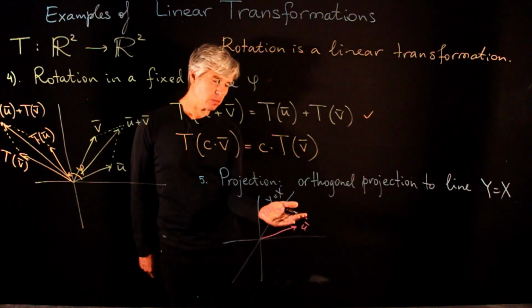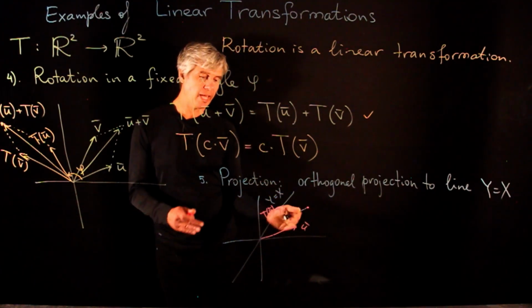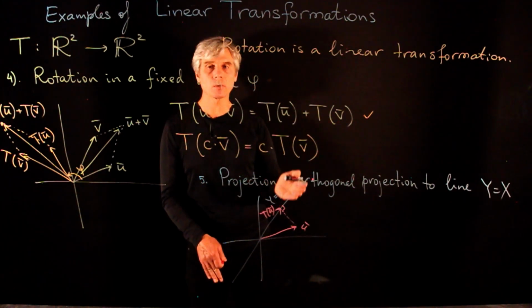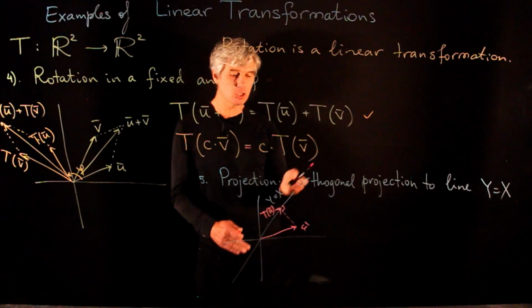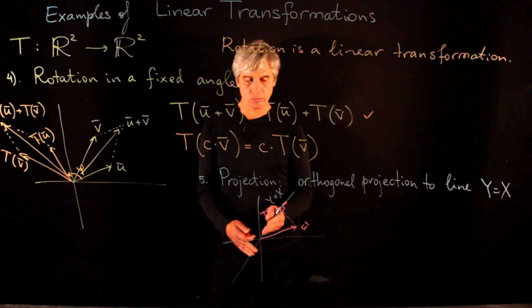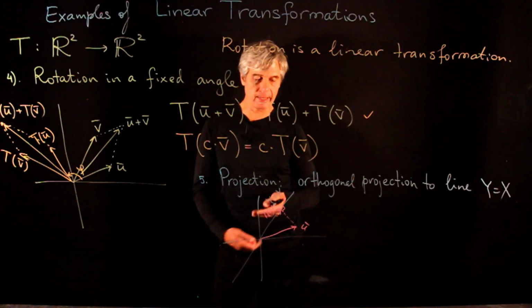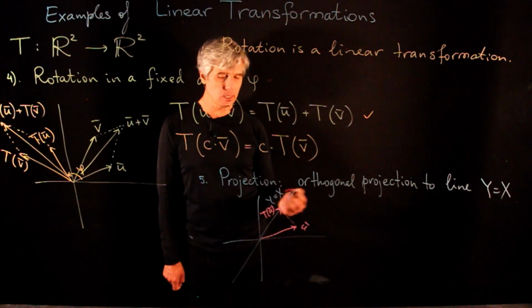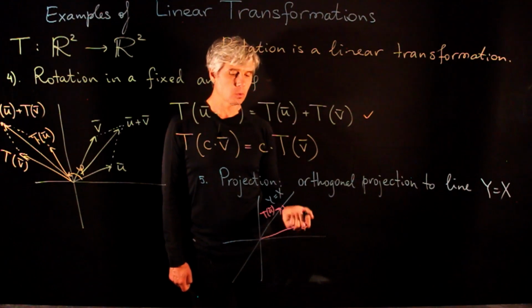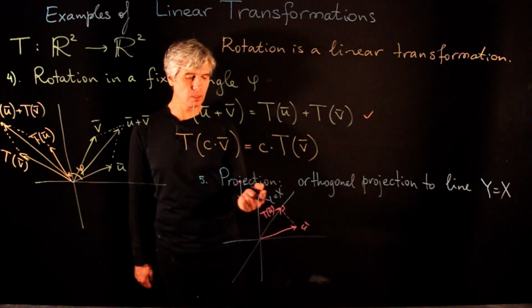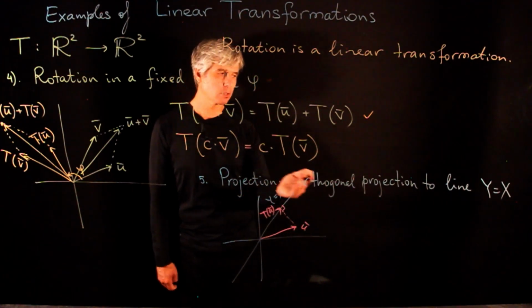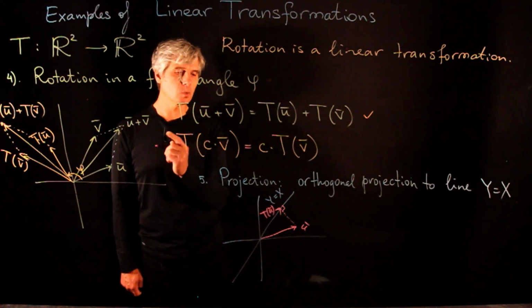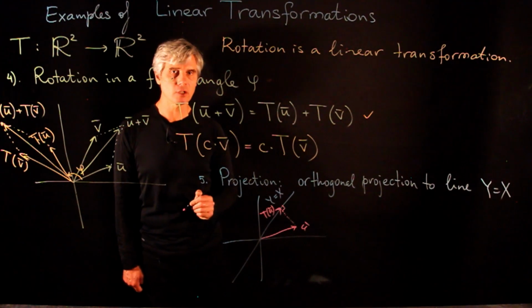In this way, the whole plane will collapse to the line y equals x, so all images of all vectors will only live on this line. And again, it's easy to use geometry to see that this orthogonal projection transformation will satisfy the two conditions of a linear transformation.